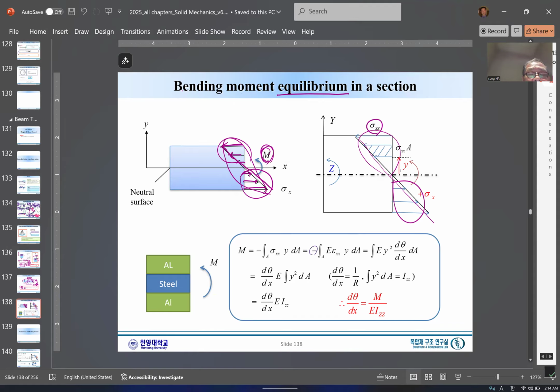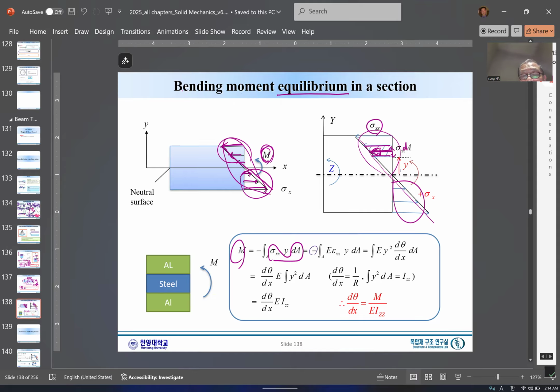So by the definition of a moment, we have sigma x here, and then dA small. This is the dy, but we can say small a. So sigma x times dA will be the force, right?